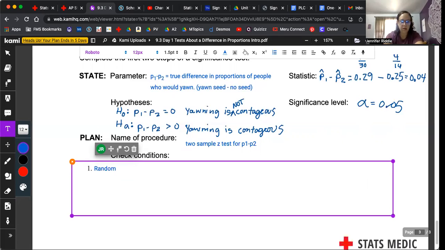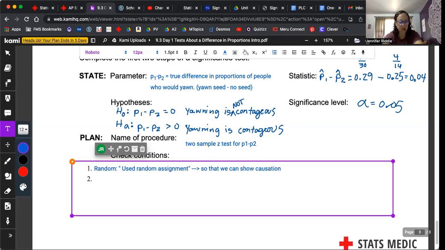It says in the problem that they used random assignment. That's important because this is an experiment. We're not using random sampling, but it's important that we have random assignment so that we can show causation.